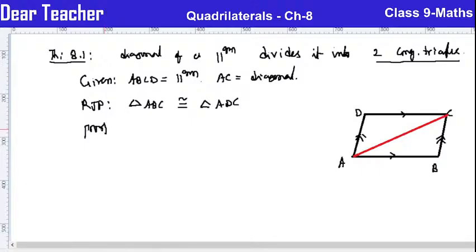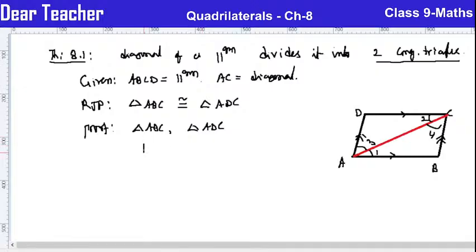When we want to prove two triangles congruent, we should at least see three equal parts. We don't know whether AB and CD are equal or not, so we know only about angles. Angle 1 is equal to angle 2, alternate interior angles, and angle 3 is equal to angle 4, these are also alternate interior angles.